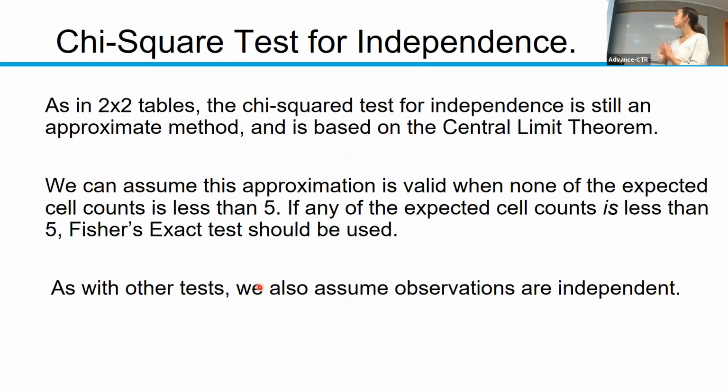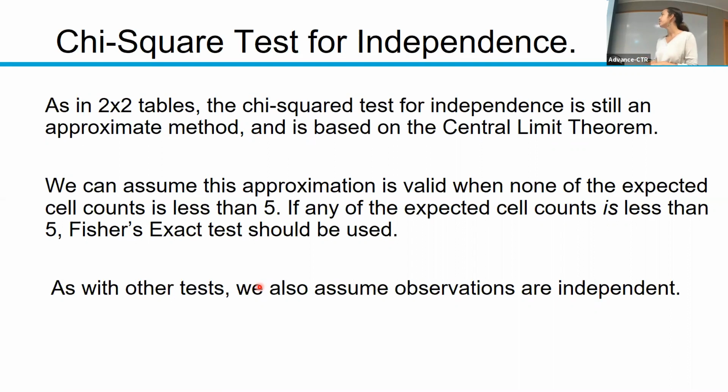One thing to note is that, very similar to what was discussed for 2x2 tables, the chi-squared test for independence when it comes to 2 variables that have multiple groups is an approximation method, and it's still based on the central limit theorem. So similar to our rule of thumb for 2x2 tables, we can use this chi-squared test for independence when the expected cell counts are all greater than 5.